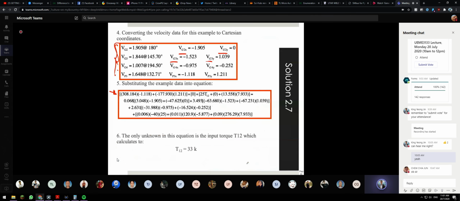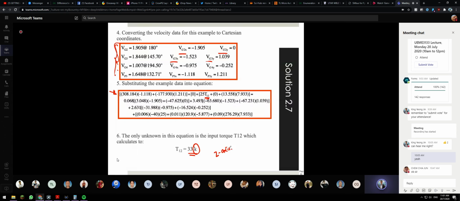If we substitute, we get the whole thing, and if you notice, only T12 is the unknown in the whole equation. So from here, you should be able to find your T12, which is 33 Newton meter. The K is not kilo, K just represents the z-axis.